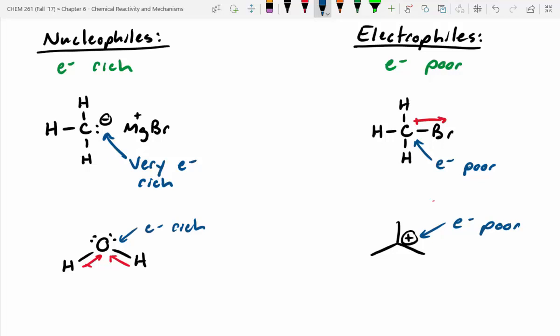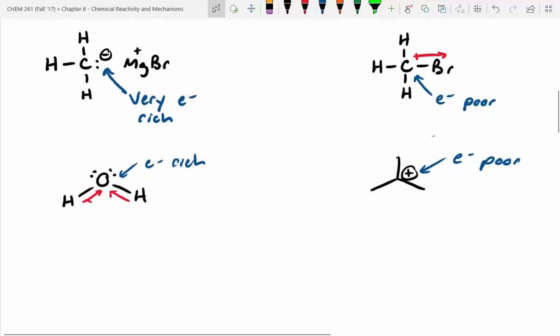All right, let's do a couple more. We're going to do challenging ones this time. Let's think about the pi bond here. Is a pi bond electron rich or electron poor? Does it have an abundance of electrons in it, or does it want more electrons? I would say it's got an abundance of electrons, right?